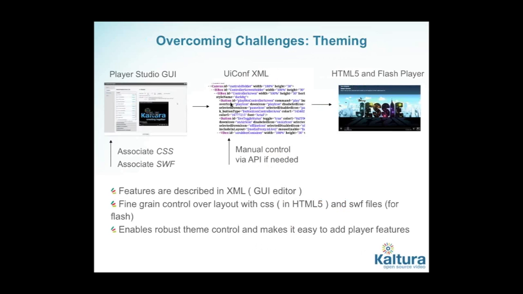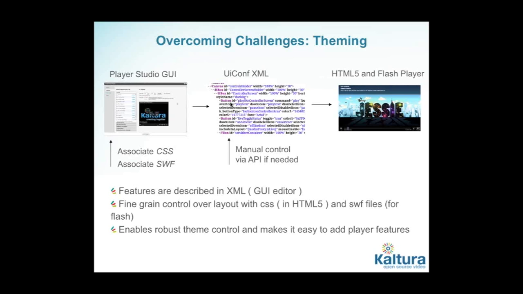I was going to take a quick look at the technical overview of how theming works within the Kaltura platform. We have a player studio GUI where you set up the basic player elements and features. You then associate CSS or Swift files with that player. This gets translated into an XML intermediary format, which is the basis format that the player GUI writes to.